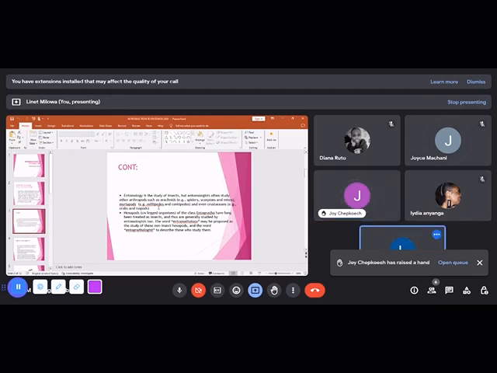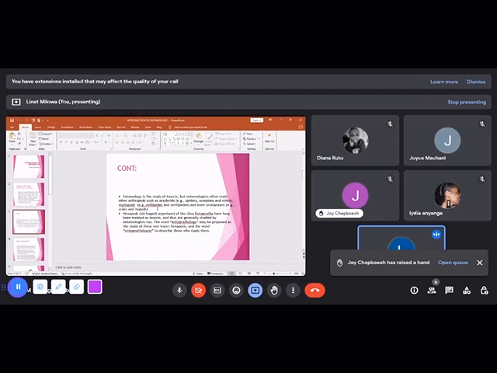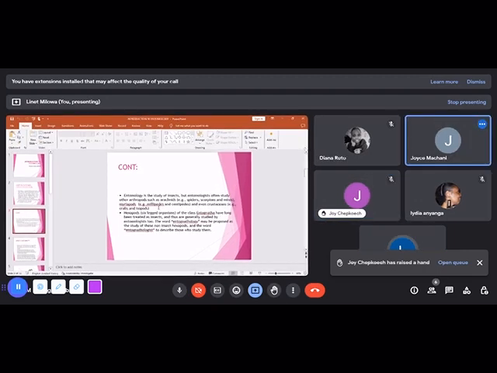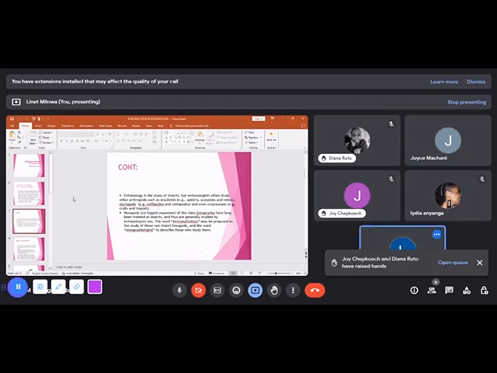Example of an insect, spider. Very good. Yes, Joyce, one insect you have come across? Scorpion. Very good. Mosquito. Those are various examples of insects that are normally found in an environment.